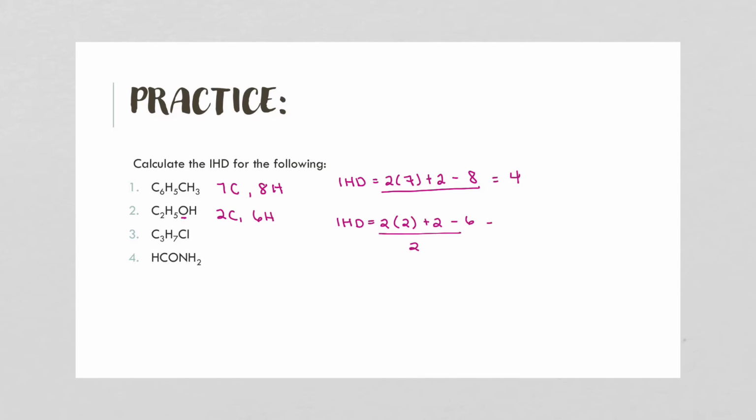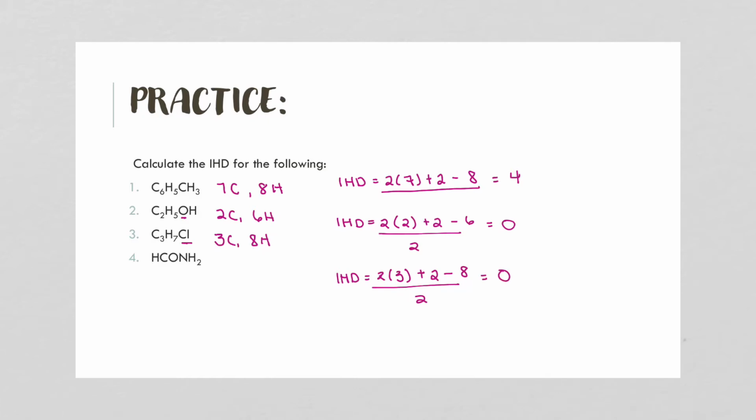So that is equal to 0. The next one has a halogen, so we count that as a hydrogen. So we're going to say we have 3 carbons, 8 hydrogens. So our IHD is equal to 2 times 3 plus 2 minus 8, over 2. So that's equal to 0 as well.